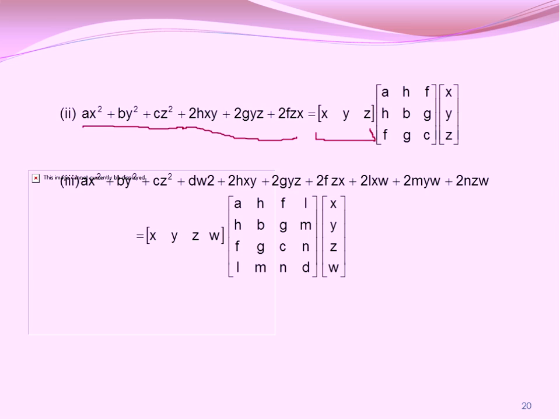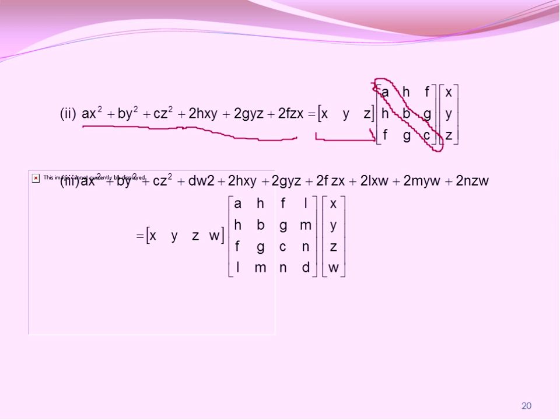So first we write x, y, z over here and x, y, z here, and a, b, c. First we choose a, b, c, whatever the coefficients of x square, y square, z square, in the diagonal form. We put all these elements in the diagonal.